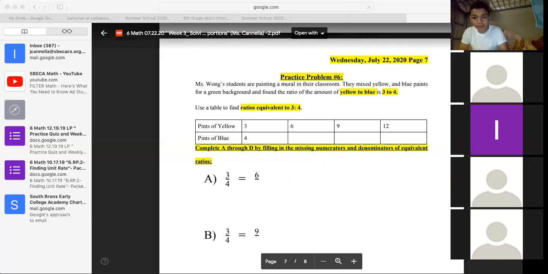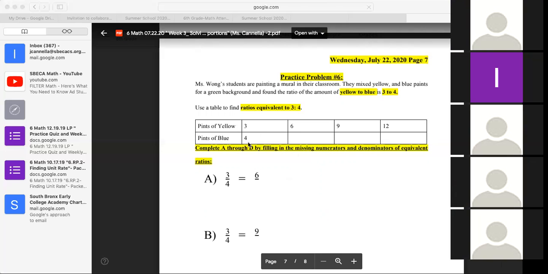Use the table to find ratios equivalent to 3:4.